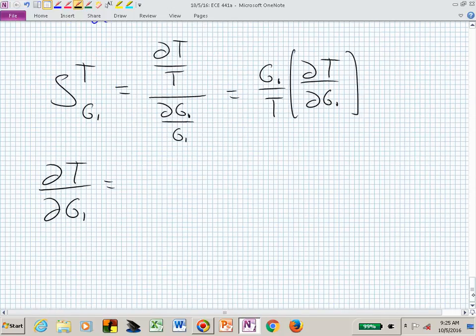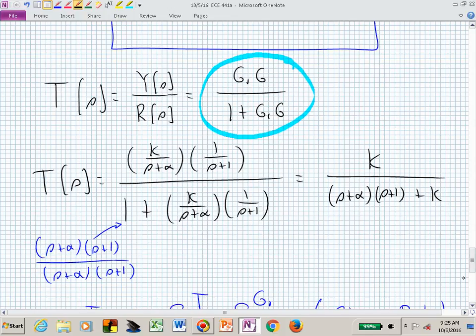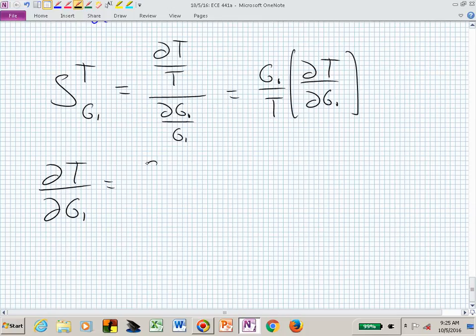We have the derivative of our numerator with respect to G1, which is G, times, well, maybe let me write it down here so that I don't have to keep scrolling. So now we had G1 G over 1 plus G1 G. Is that right? And now we want to take the partial derivative of that.